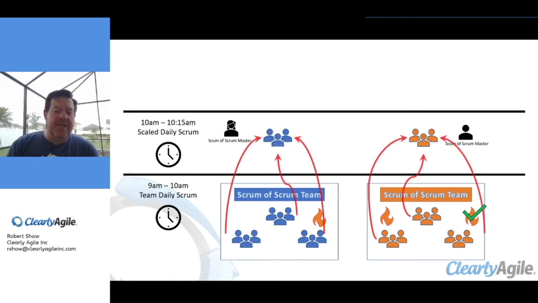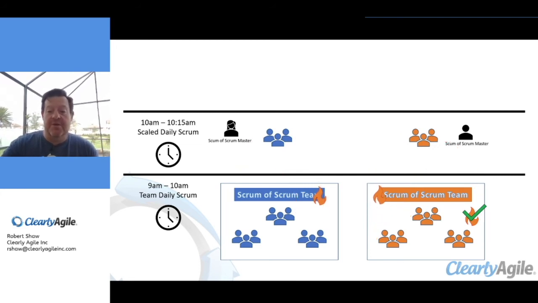In the Scaled Daily Scrum, each of the Scrum teams sends a representative to help identify and raise any impediments that weren't able to be cleared at the team-level Scrum. At this level, the Scrum of Scrums Master works with the team's connections, people who are there to help and assist, to see if any of those impediments can get cleared. Here, 2 were raised and one of them was able to be cleared at that level. Fantastic. By 10:15, that one was recognized and handled.